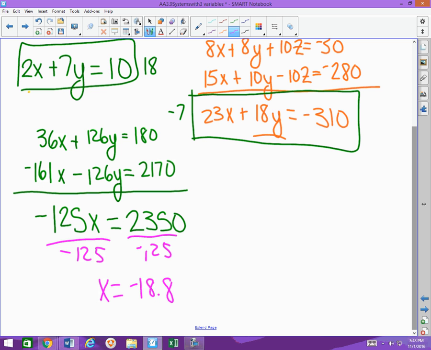And it's a decimal, but it's an ending decimal, so we can leave it like that, or you could say a -18 4/5 if you wanted to do that as well.